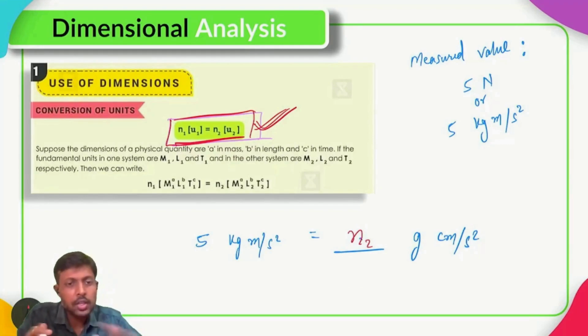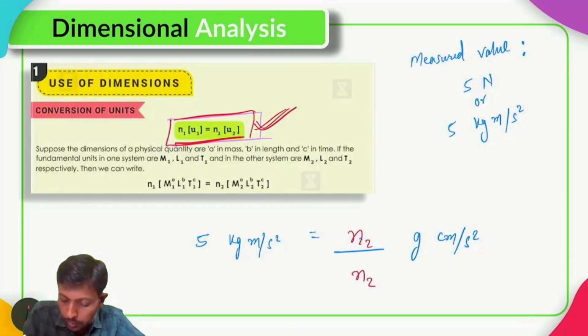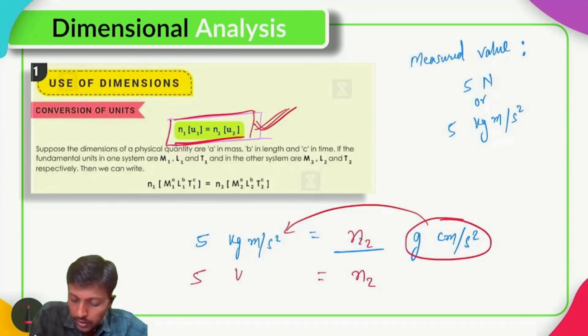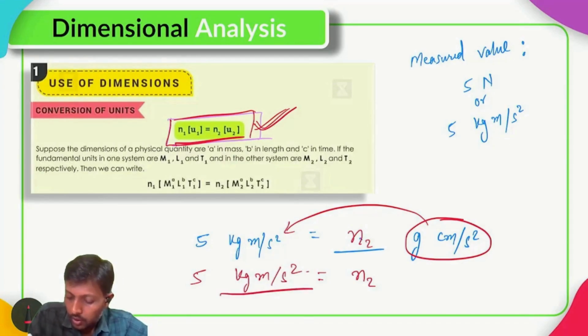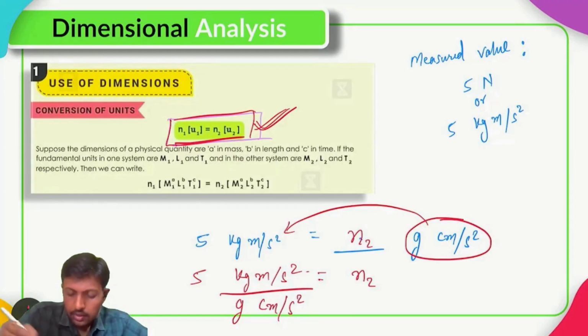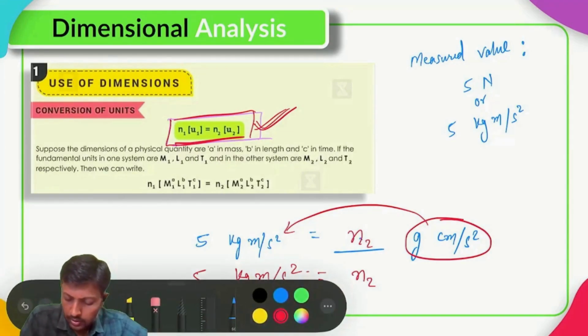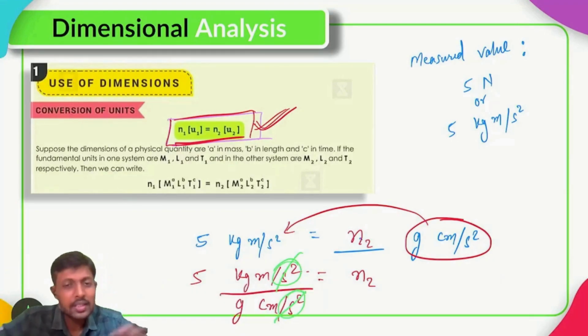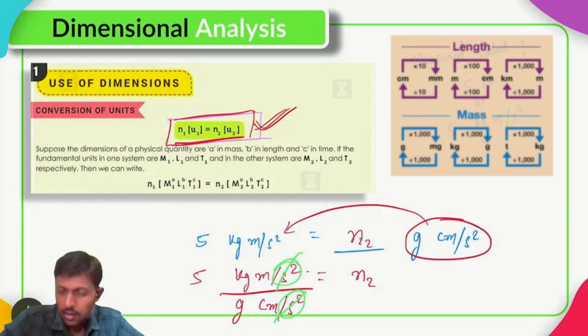So if I just shuffle these things, N2 will be on this side. This thing goes to the other side of the equal to sign. What we have is 5 kg meter per second square upon gram centimeter per second square. This second square is going to get cancelled. This part is the same, so it gets cancelled. But kg meter and gram centimeter, how do we cancel these?